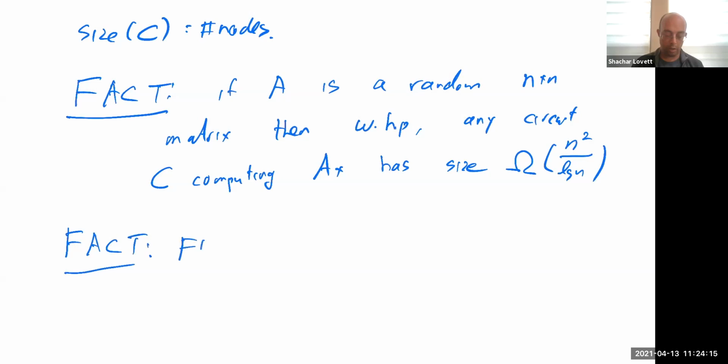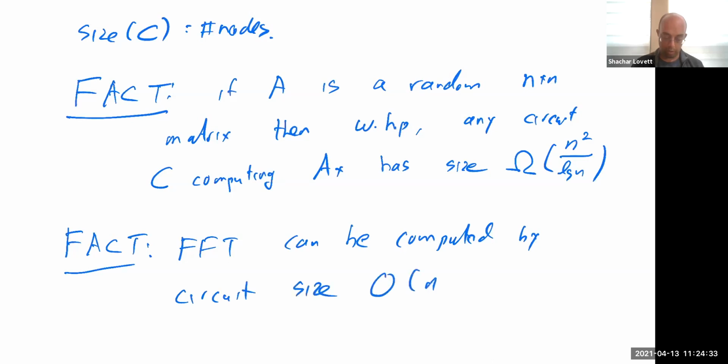So again, another fact here is that because FFT has a linear n log n operation, FFT can be computed by a circuit of size order n log n. Okay.